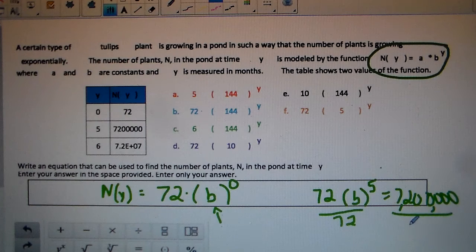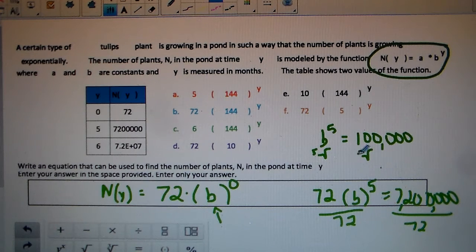Hopefully you guys can see that work there on the side. So we divide both sides by 72, and we get b to the 5th is equal to 100,000. Then we take the 5th root, because the 5th root is the opposite of b to the 5th.